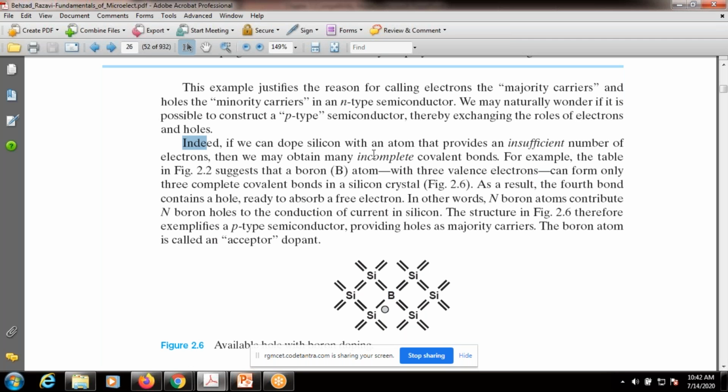Indeed, if we dope silicon with an atom that provides an insufficient number of electrons, then we may obtain many incomplete covalent bonds. Incomplete covalent bonds means holes, right? For example, in the table we already know that a boron atom, with 3 valence electrons, can form only 3 complete covalent bonds in a silicon crystal.